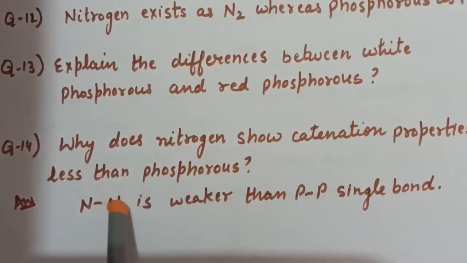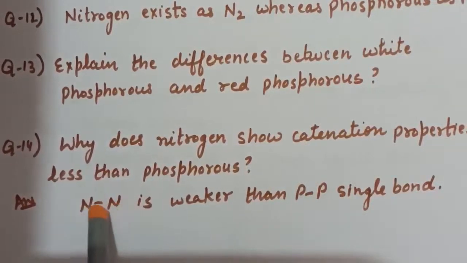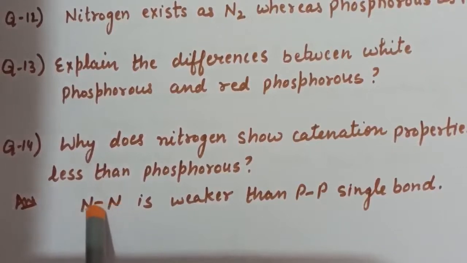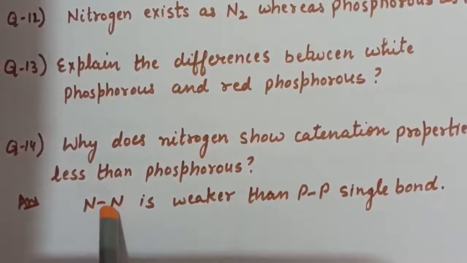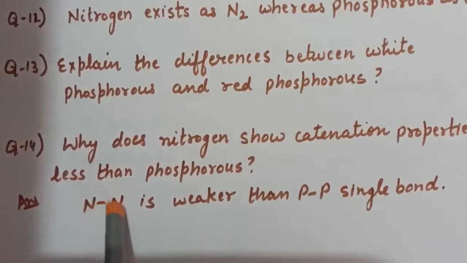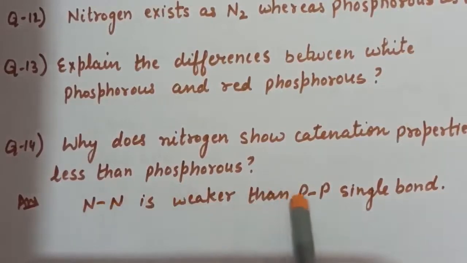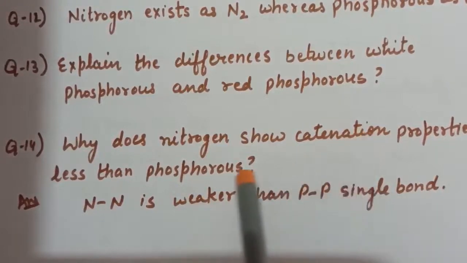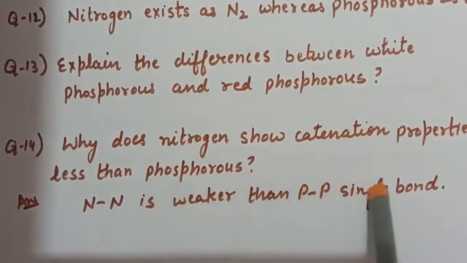Because of the small size of nitrogen, there is a force of repulsion between the nitrogen atoms, so the N-N single bond is weaker than the P-P single bond. That is why the catenation power is less as compared to phosphorus.